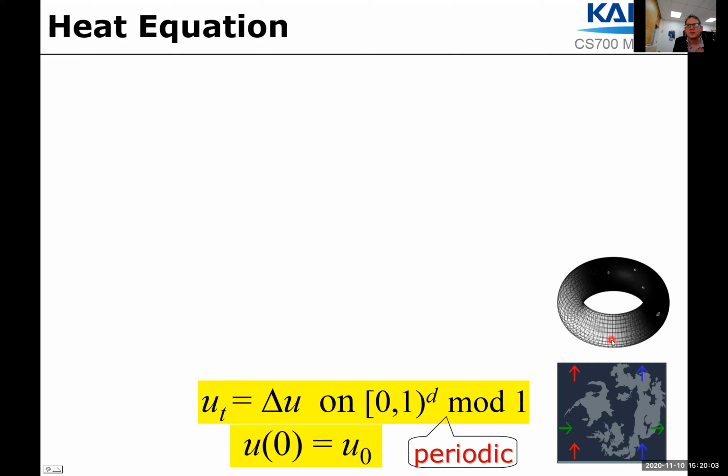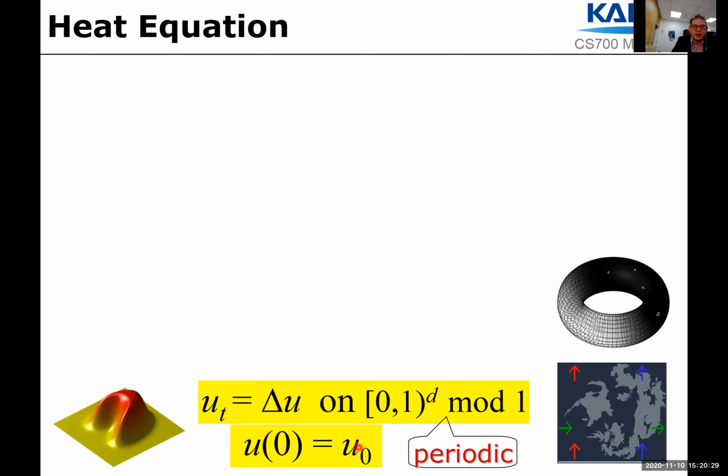But long story short, consider the heat equation on the unit cube with periodic boundary conditions for the function, for the initial condition u0, and for the solution with all its spatial derivatives that will become relevant in a few minutes.